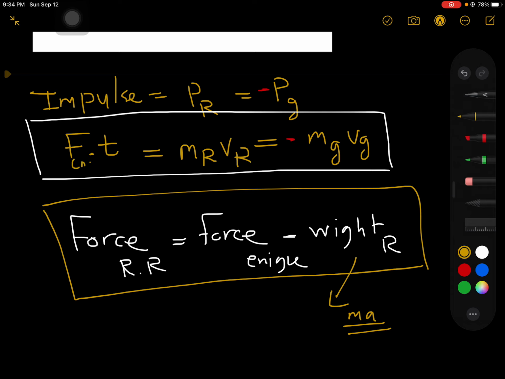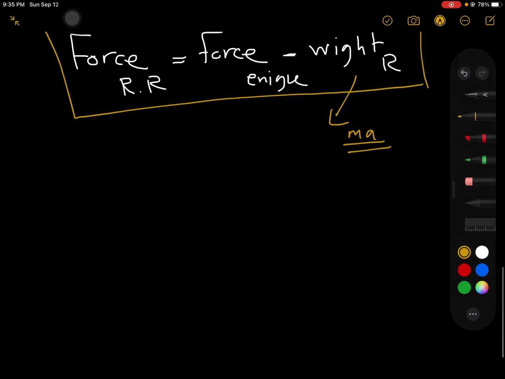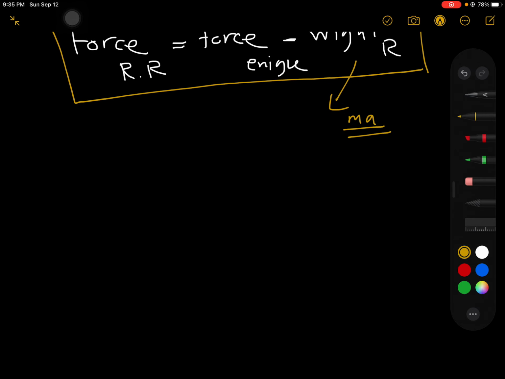There is a difference between the force of the engine and the force of raising the rocket. Because if here is the rocket and this is the gases, here is the engine of the rocket, and this engine has a certain amount of force.